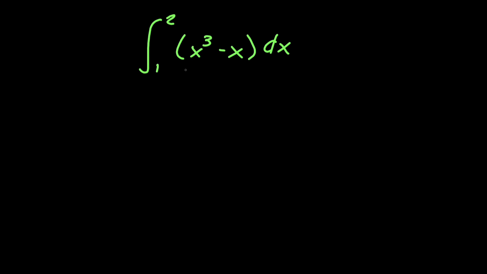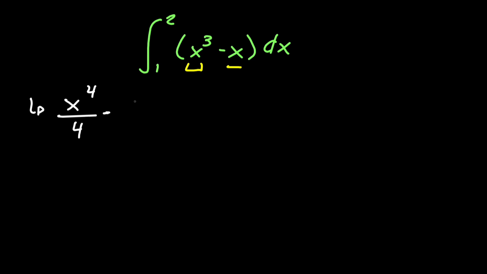The integral of x cubed minus x from 2 to 1. So take the integral of x cubed first, which is equal to x to the power of 4 over 4. And the integral of x, since it is a minus sign, just put negative here, or a subtraction sign.